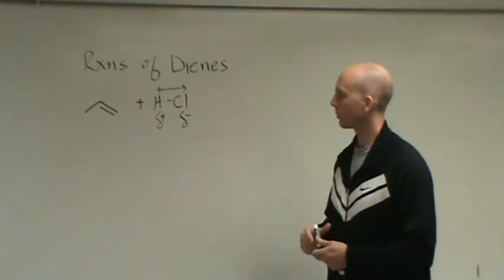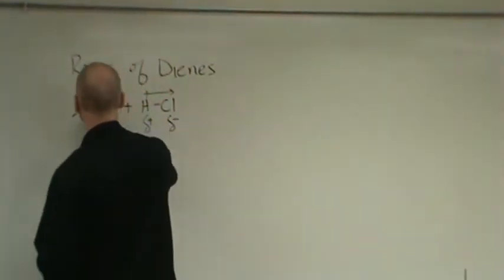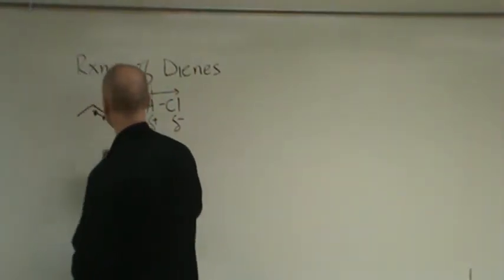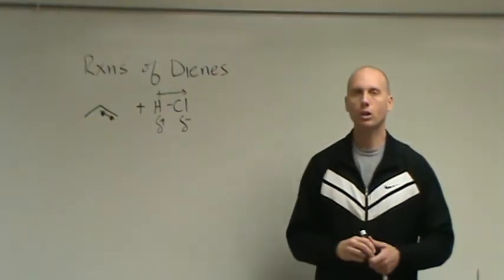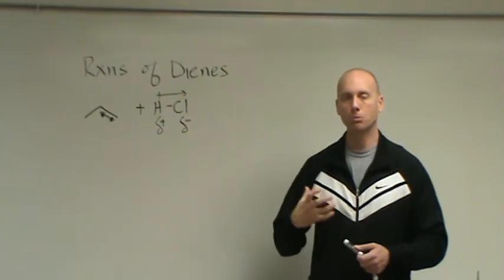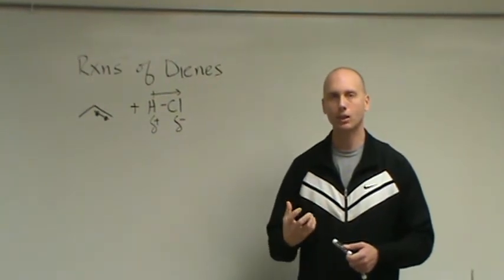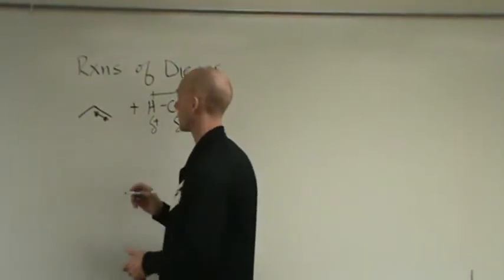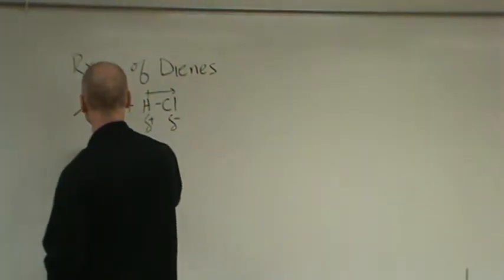The alkene with the double bond, remember that we could draw a lone pair in there for the pi bond. That is, the pi bond can act like a lone pair, and so it can act like a base.